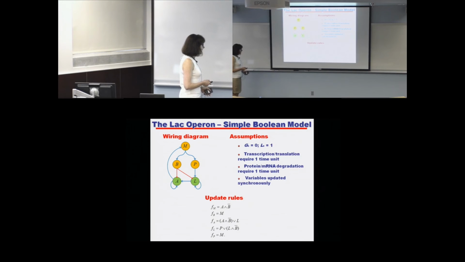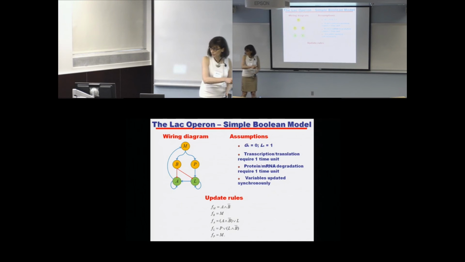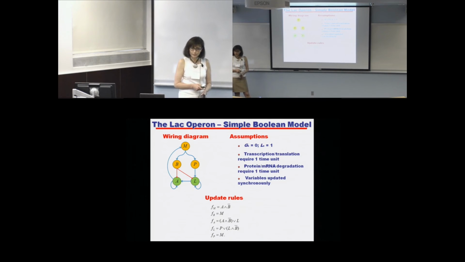To make messenger RNA on the next time step, I want to have allolactose now, because allolactose is the inducer that will bind to the repressor. And I do not want beta-galactosidase. Why don't I want beta-galactosidase? Because that breaks allolactose into glucose and galactose.